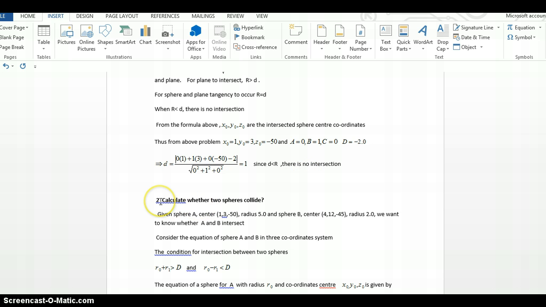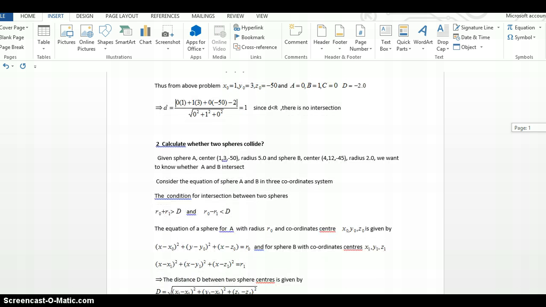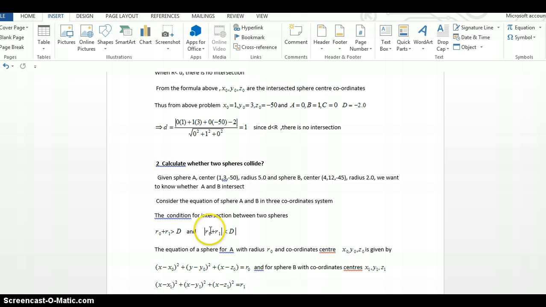The second part of the problem is we will try to calculate whether two spheres collide. So for two spheres to collide, there is a condition here. Actually this is a modulus, so I have to correct this. For there to be an intersection between two spheres, it shows that r0 plus r1 must be greater than d.